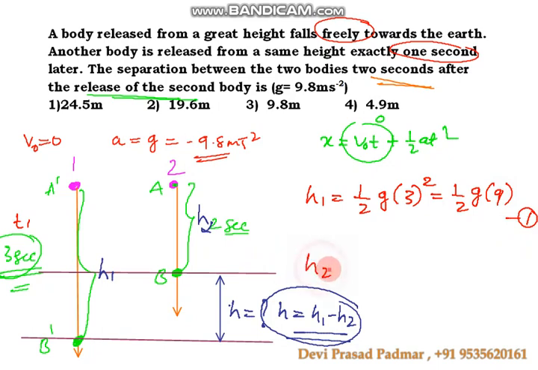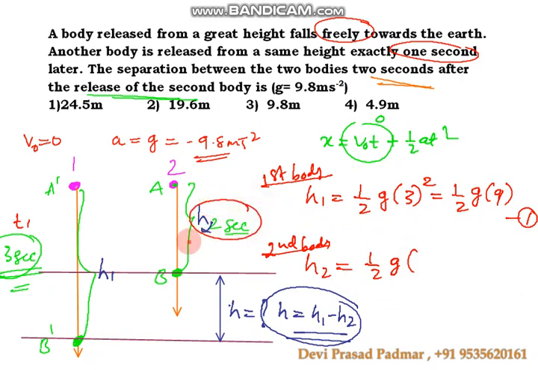Similarly for second body, you can apply the same concept. V naught t is 0, half into g into t square, where t is 2 seconds, so 2 square is 4. Half g into 4, let it be equation number 2.